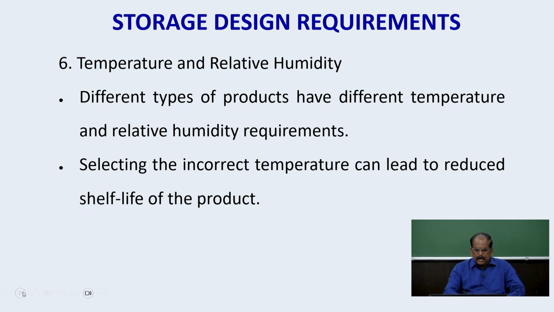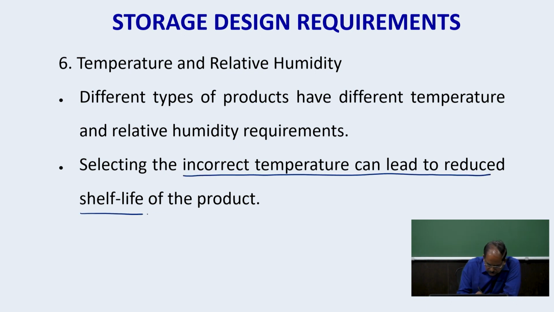Temperature and relative humidity: different types of products have different temperature and relative humidity requirements, that is RH. If you select the incorrect temperature, it can lead to reduced shelf life of the product.